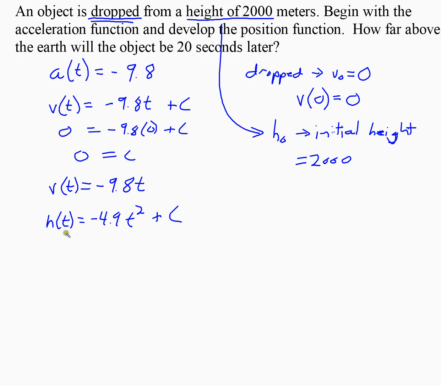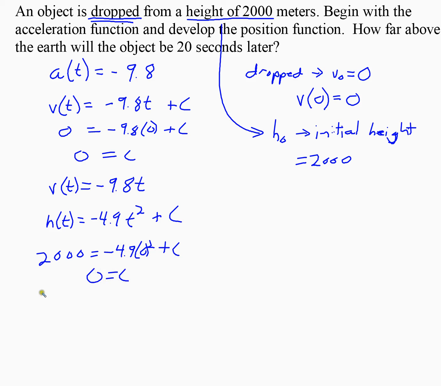So our height is 2,000 when our time is 0, which means c for the height function is just 0.